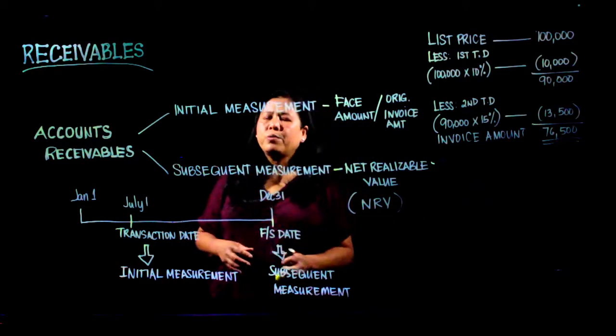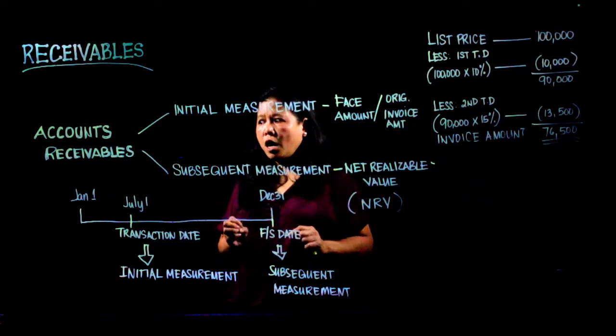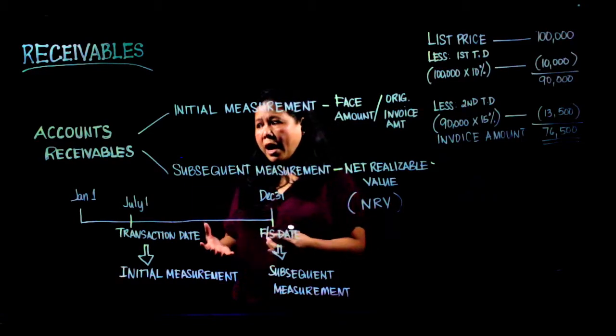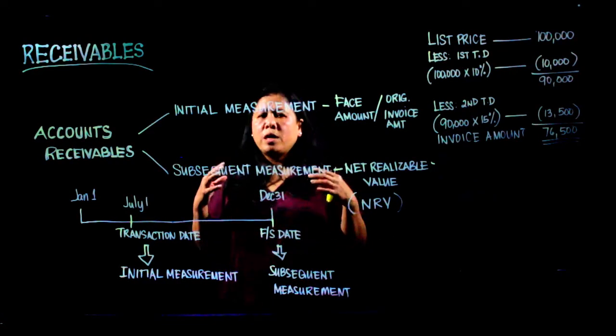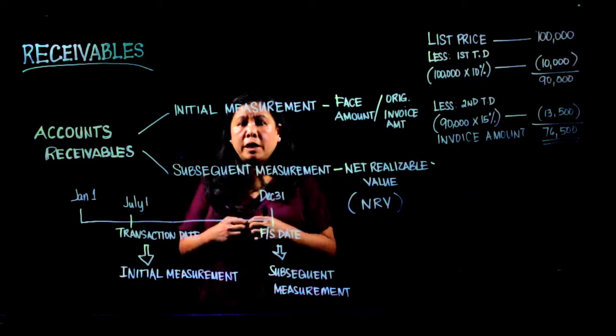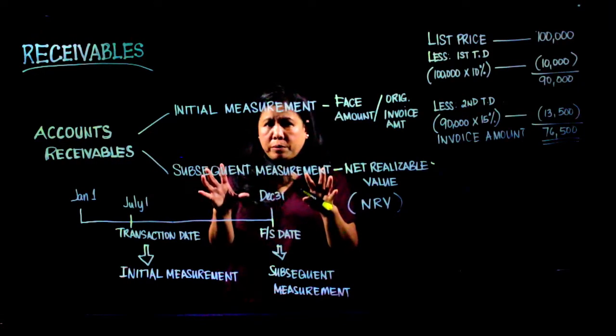Okay, let me repeat this. Accounts receivables are contractual rights to receive cash from our customer. So we measure our accounts receivable in two different ways: the initial measurement and the subsequent measurement.